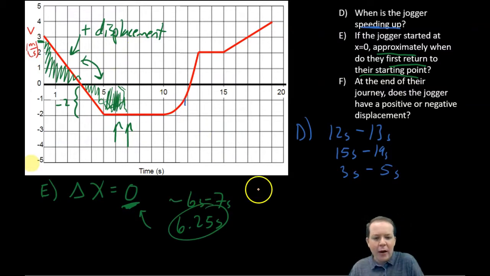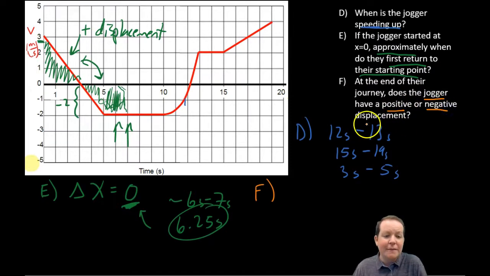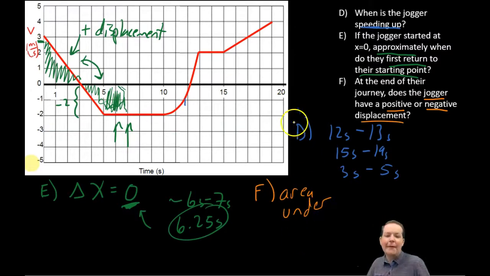All right, letter F is asking, at the end of their journey from 0 all the way to 20 seconds, does the jogger have a positive or negative displacement? Okay, now it's asking about displacement. So what do I look for? The area under the curve. This question is asking after all these 20 seconds, or I guess it's actually 19 seconds because that's when the graph ends.